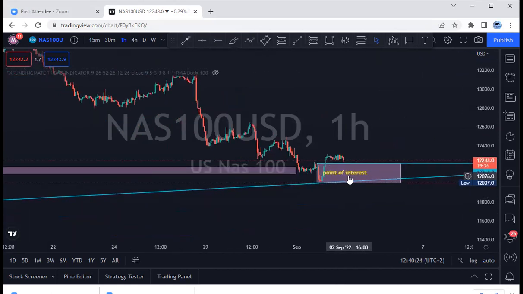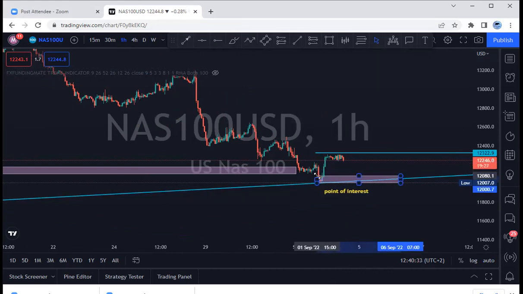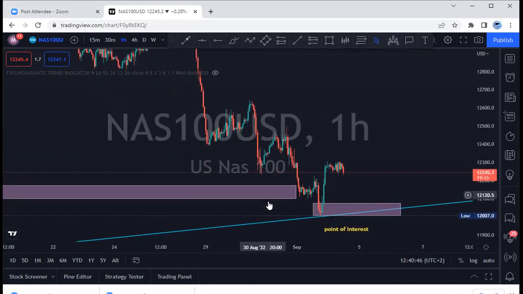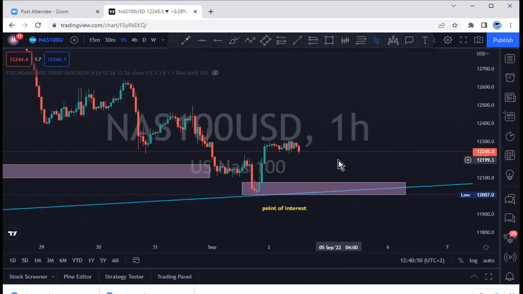I'm going to move this one and then modify my point of interest in case it continues to the downside. Let me remove this one. We have two scenarios here. Our first one, we have this point of interest here.